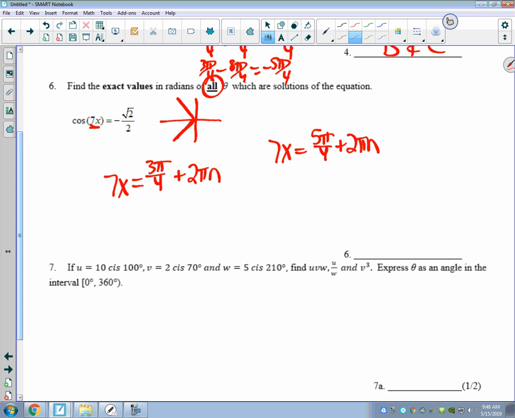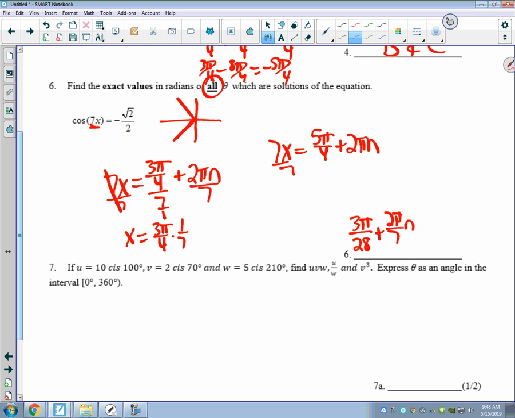So we have to solve for x, so we have to divide by 7. And remember, we also have to divide the 2 pi n by 7. And again, without a calculator, remember dividing by 7 is the same as multiplying by 1/7. So I would get 3 pi over 28 plus 2 pi sevenths n.